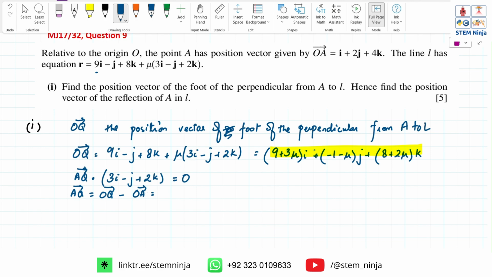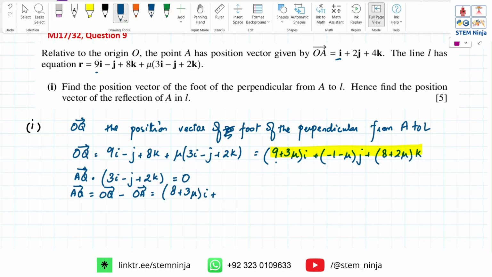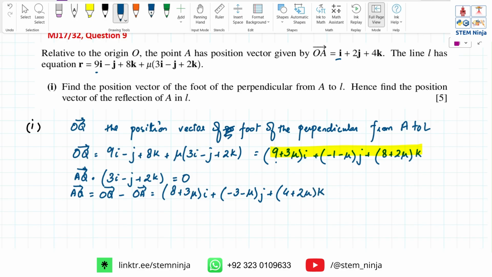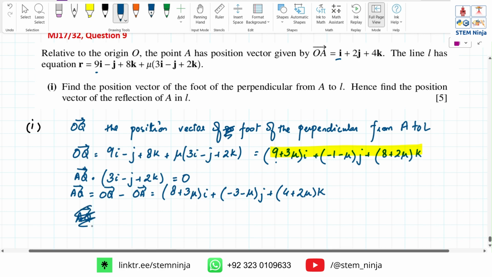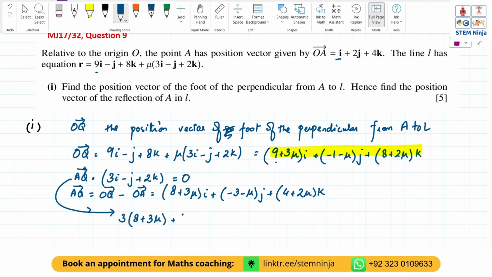So OQ minus OA: 9 plus 3 mu minus 1, so that is 8 plus 3 mu i, plus minus 1 minus mu minus 2, that becomes minus 3 minus mu j, plus 8 plus 2 mu minus 4, which is 4 plus 2 mu k. Now for AQ, we just need to do this: 8 plus 3 mu times 3, plus minus 3 minus mu times minus 1, plus 2 times 4 plus 2 mu, equals 0. Right.